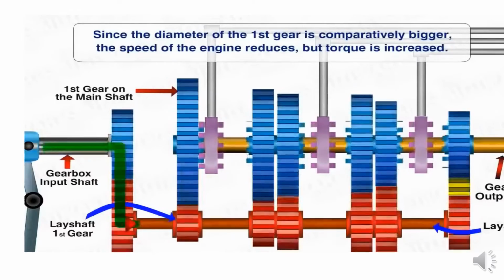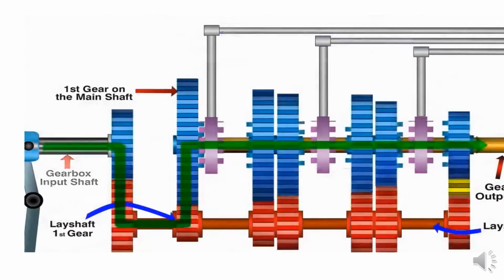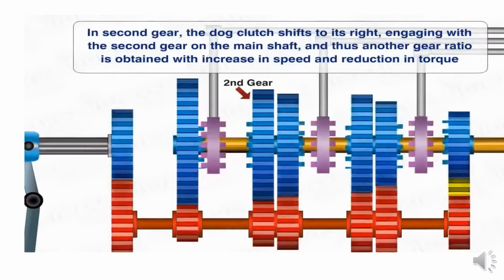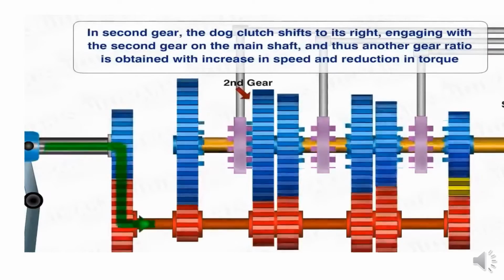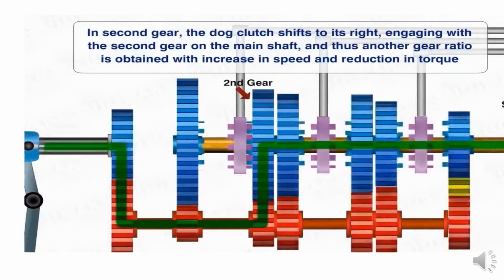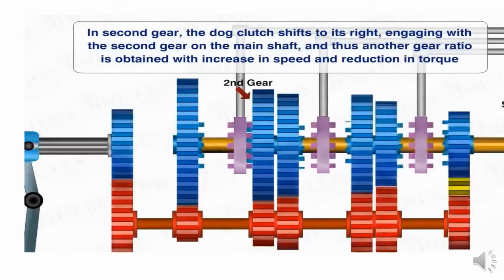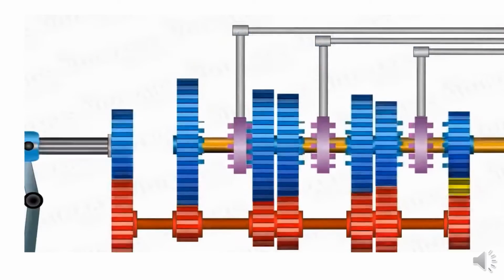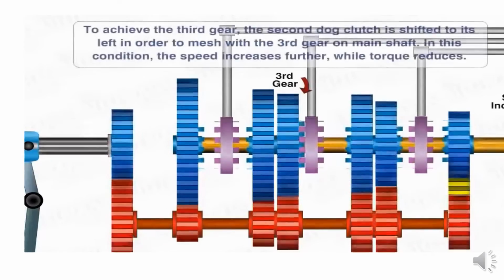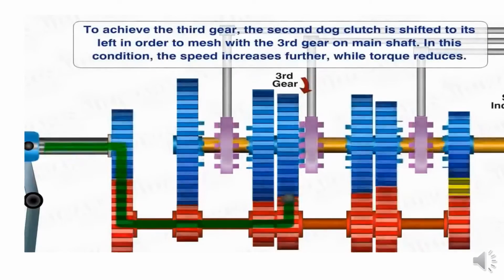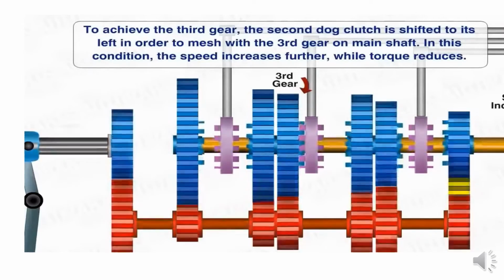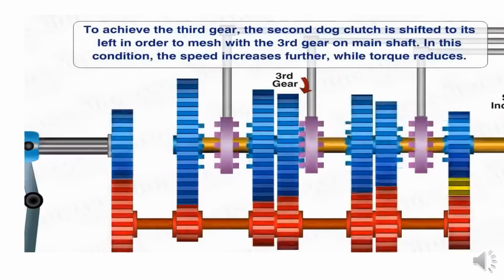Only the dog clutch engagement decides the gear changing process here. When the dog clutch engages with first gear, the first gear is operated, and likewise with the second, third, fourth, fifth and reverse gears. Whichever one the dog clutch engages, the power is transmitted from the counter shaft to the main shaft.